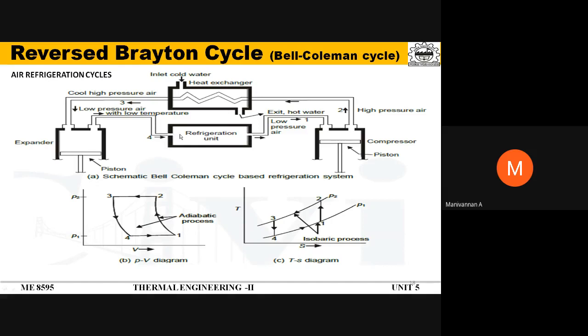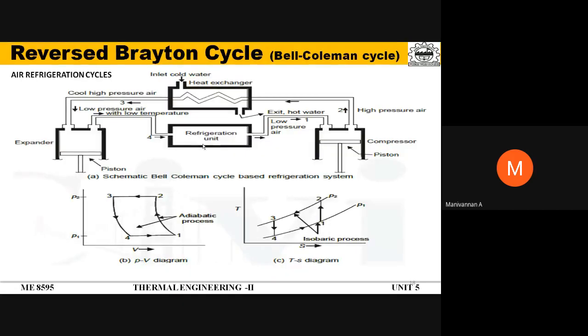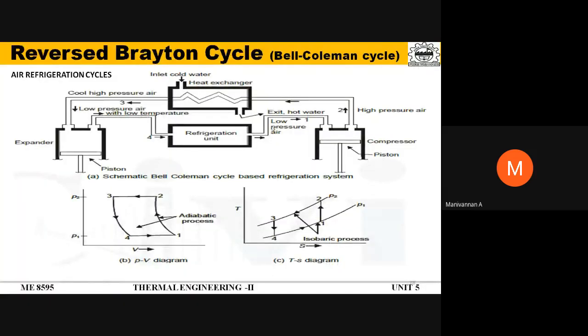The cold air that goes into the refrigeration unit absorbs heat from the space where you want to maintain a certain temperature, and the air becomes hot air. After this, once sufficient temperature is maintained, the hot air comes out at a lower pressure.